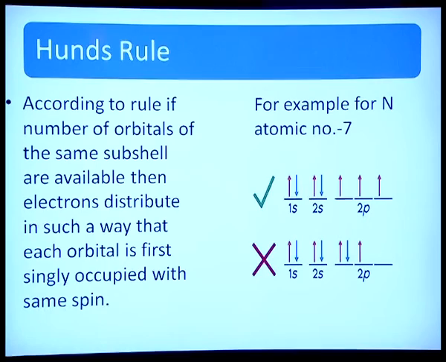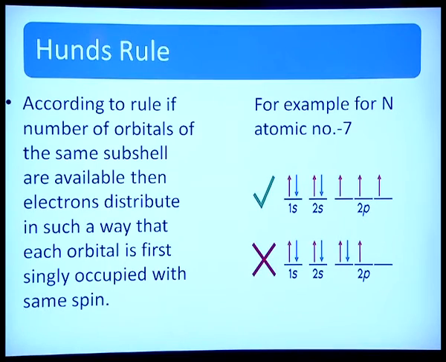It depends upon the symmetry of the orbitals and the exchange energy. We know that symmetry leads to stability, and the stability of half-filled and completely filled orbitals is explained by exchange energy also. The larger the number of electrons with the same spin, the larger is the exchange energy. The larger the exchange energy, the more stable is the electronic configuration.